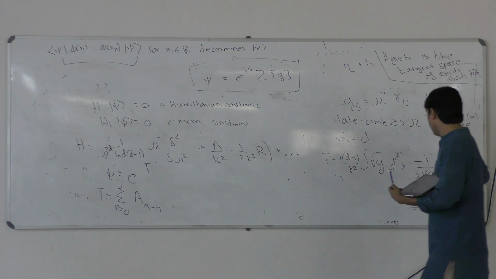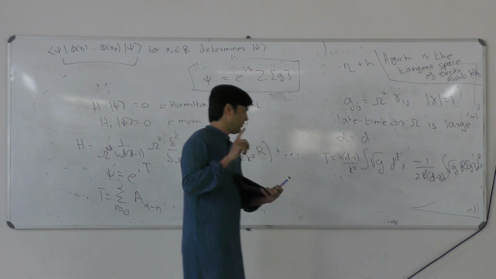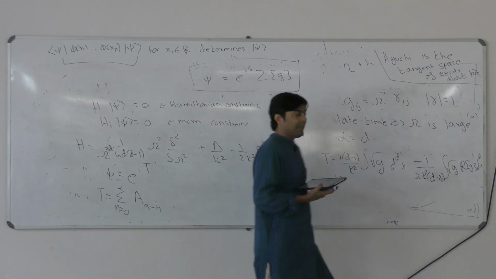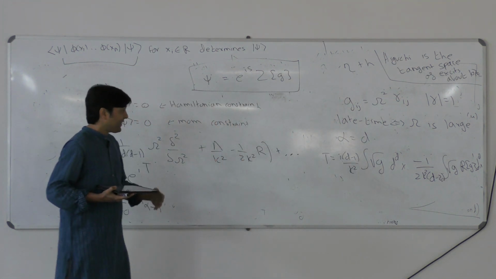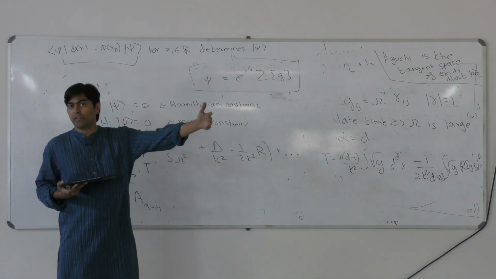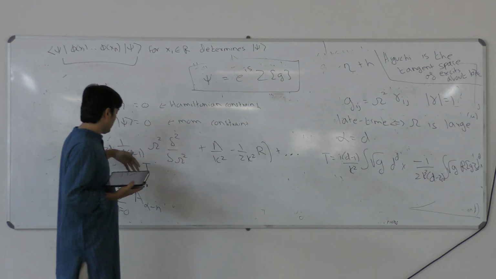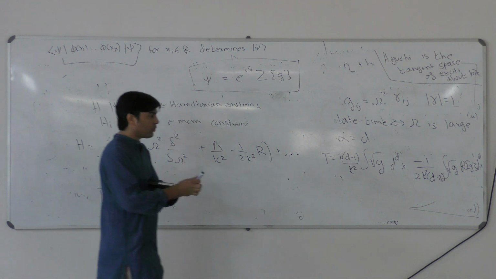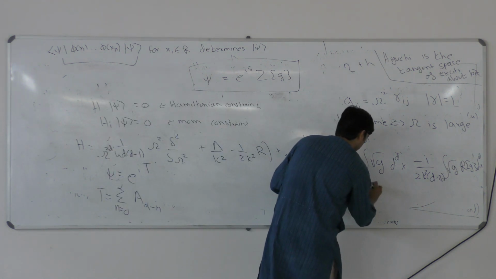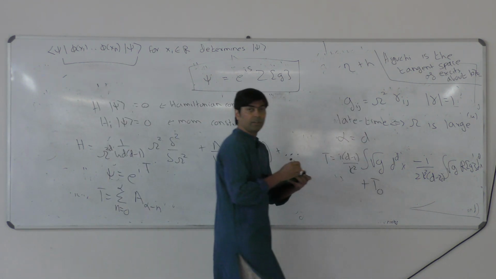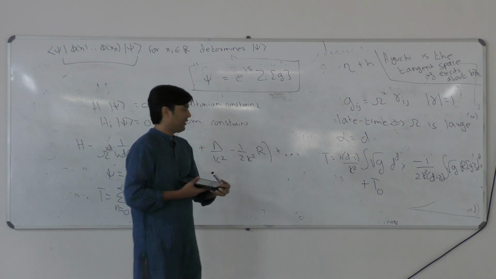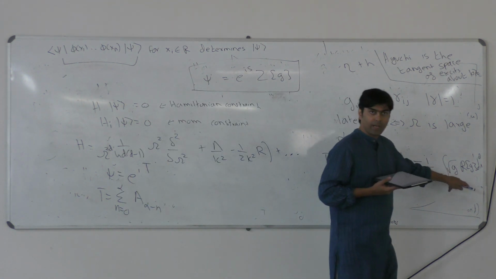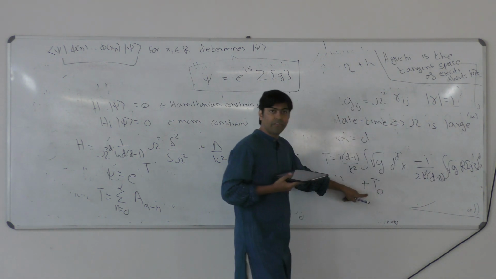Now let's say you happen to be in d equal to 3, and I'll explain what happens in d equal to 2 in a second. In d equal to 2, notice this term is singular. Let's say you happen to be in d equal to 3. You find there is no further you can go in the power series expansion unless you want to keep terms that are subleading in omega. So in particular, the zeroth order term is just unfixed. Okay, the term which does not scale with omega, see in d equal to 3, this term goes like omega cubed, this term goes like omega, but the zeroth order term is unfixed.